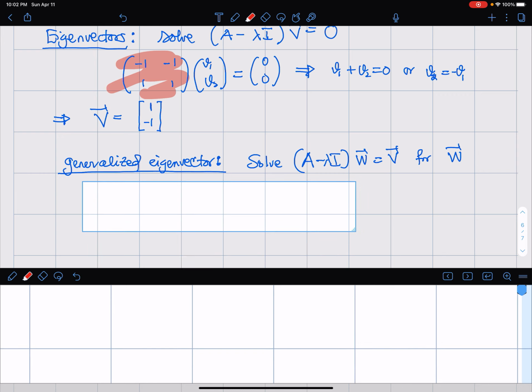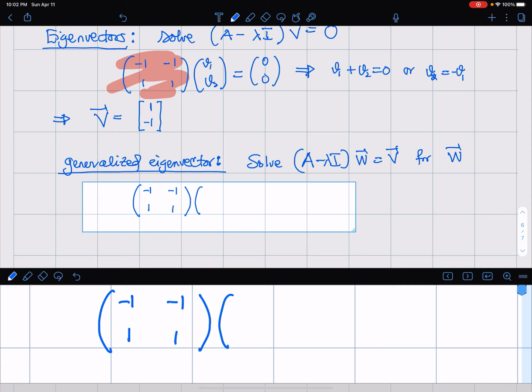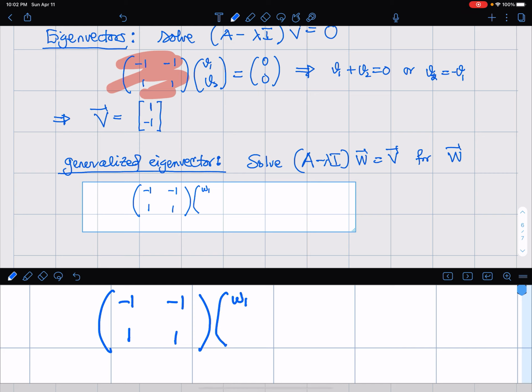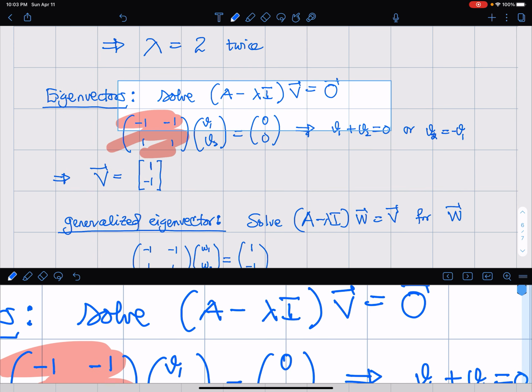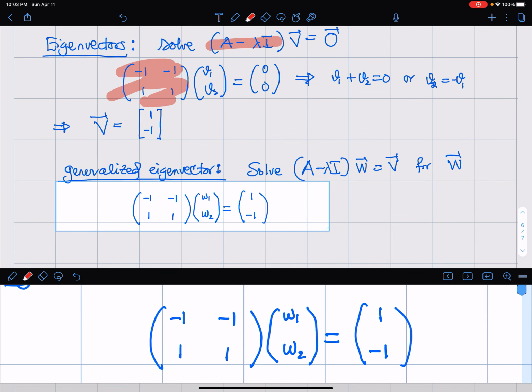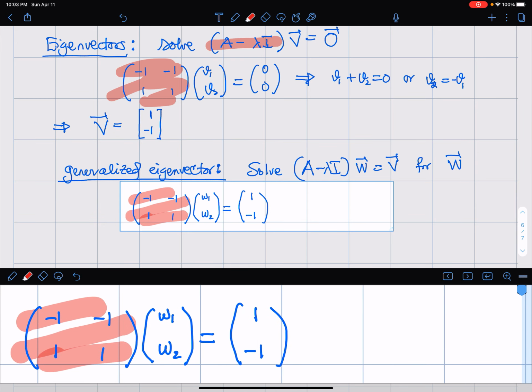So you want to solve the matrix [-1, -1; 1, 1] times W, that is (W1, W2), is equal to V, which is (1, -1). Remember, this is A minus lambda I, times W, is equal to V.